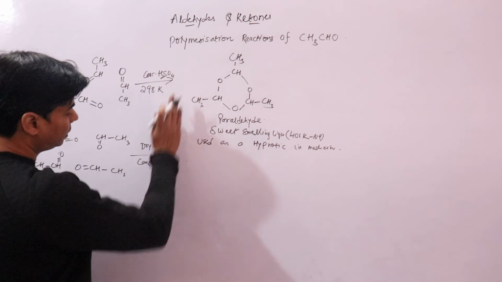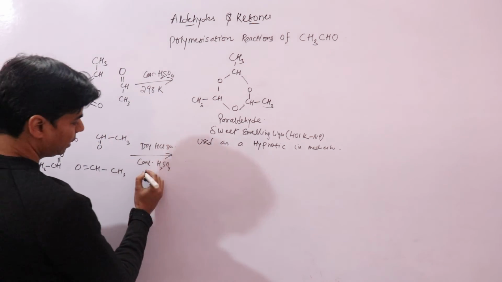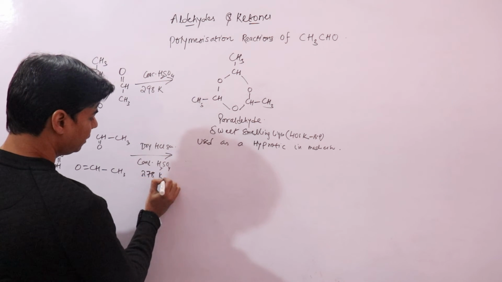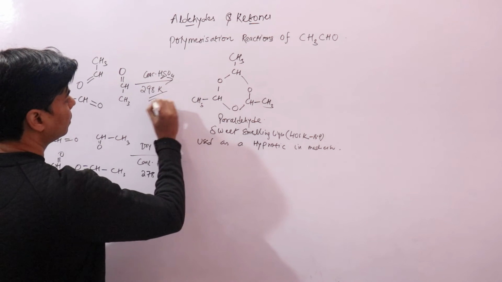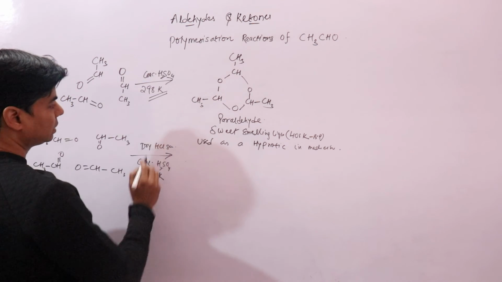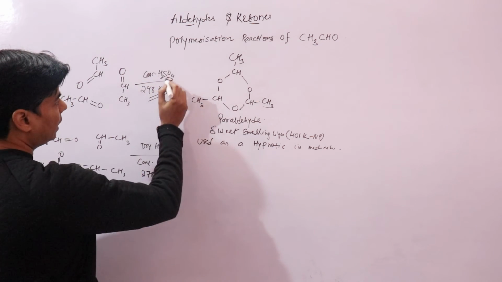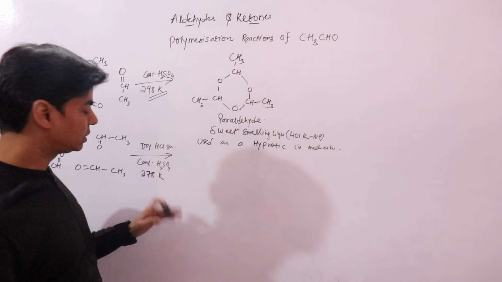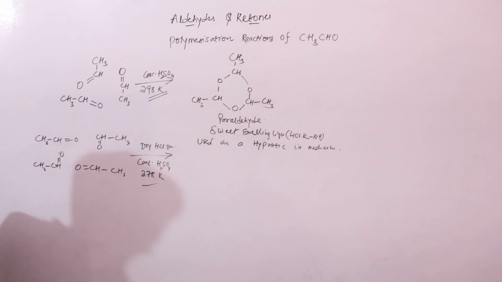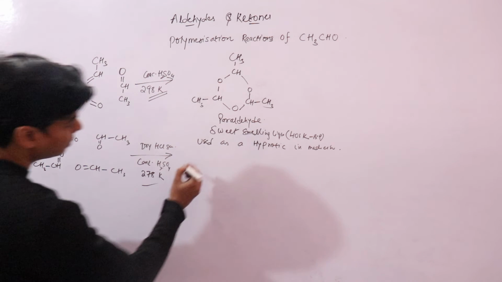And remember, the difference between these two reactions is that here the temperature is 278 Kelvin, and you have a few drops of concentrated sulfuric acid. I hope this is clear. Now let's see the formation of this tetramer.